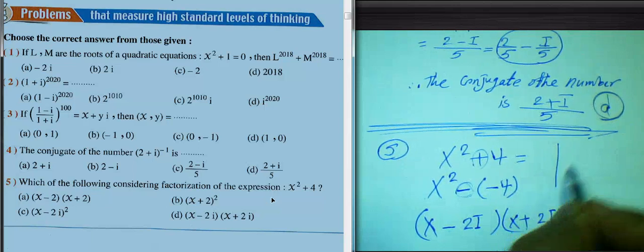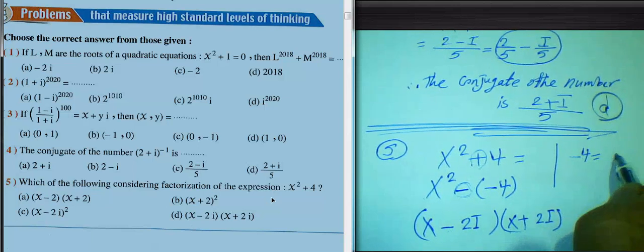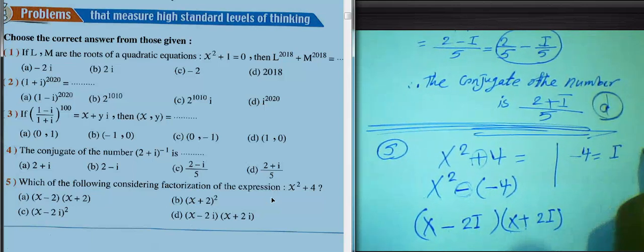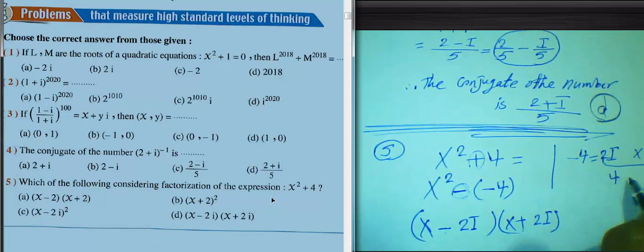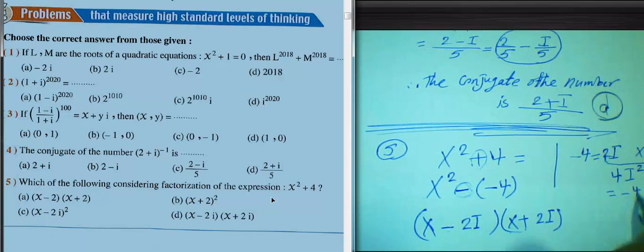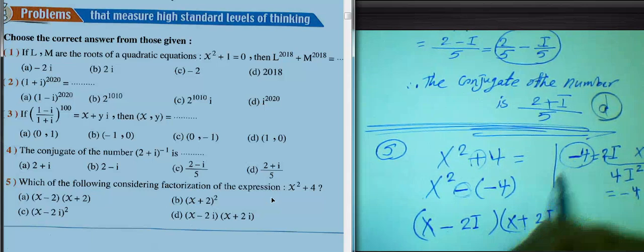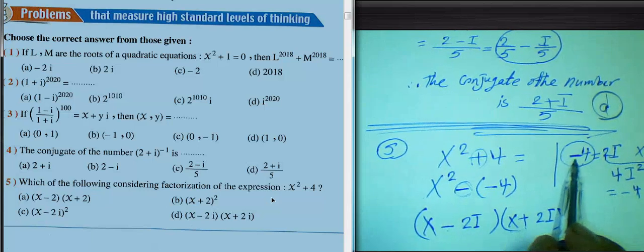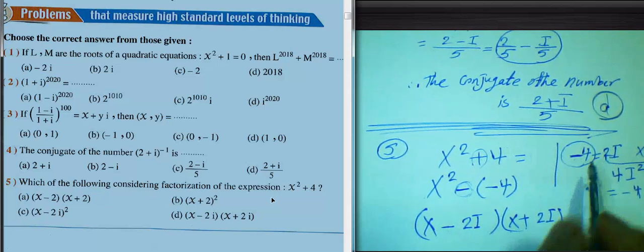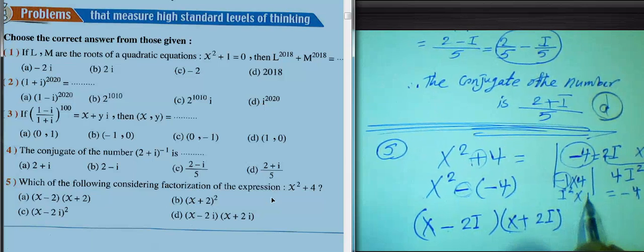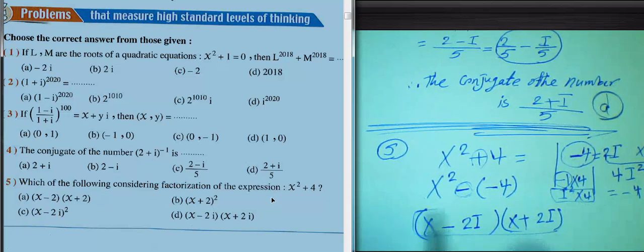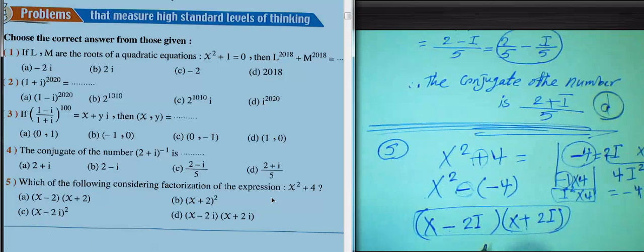Look at here, negative 4 equal i multiply i, and 2, because 2 times 2 equal 4, i times i equal i power 2, so the result will be negative 4. So negative 4, we can cancel the negative because negative 4 equal negative 1 multiplied by 4, so negative 1 equal i power 2 multiply 4 here, and we will factorize this expression.